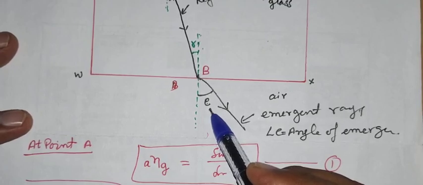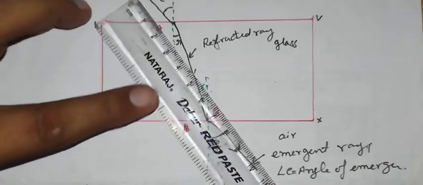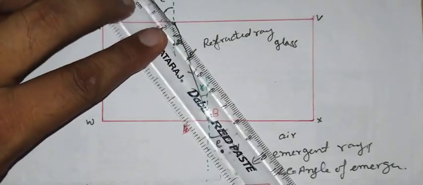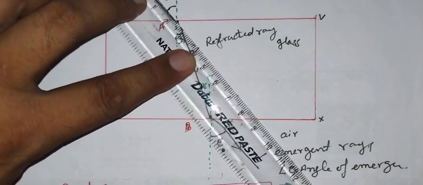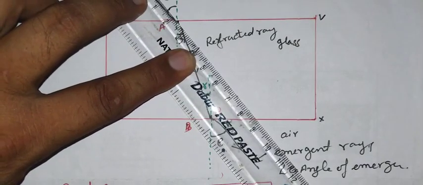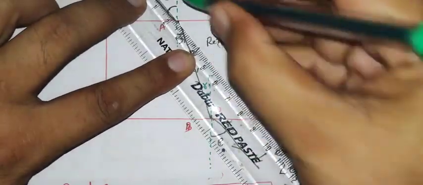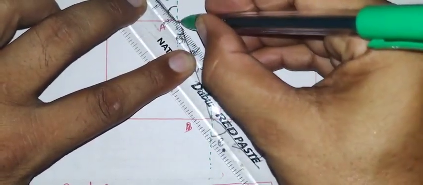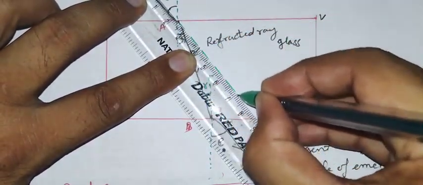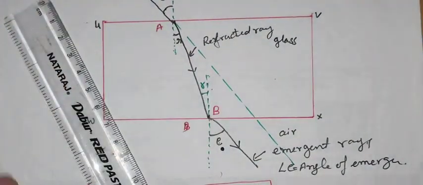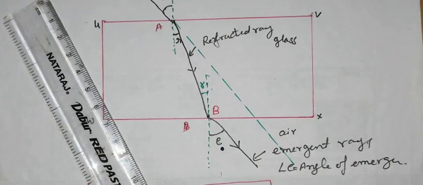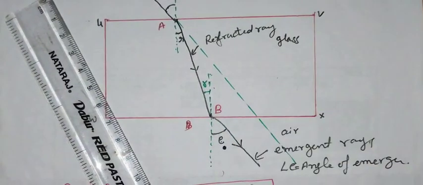Now it is time to see lateral displacement. See here in the diagram, one change is here. Proceed the incident ray forward by the dotted line. Clear the points here in the diagram.